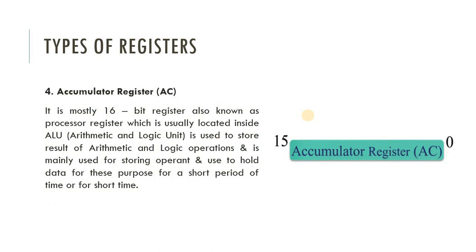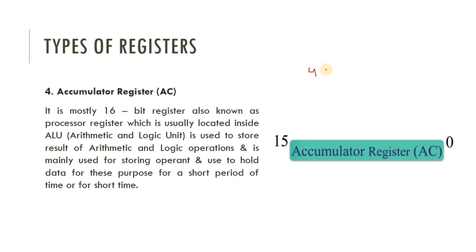It is mostly a 16-bit register, also known as a processor register, which is usually located inside the arithmetic logic unit and is used to store results of arithmetic and logic operations. It is mainly used for storing the operand and holding data for a short period of time. Now we can say that it is used to store intermediate data.